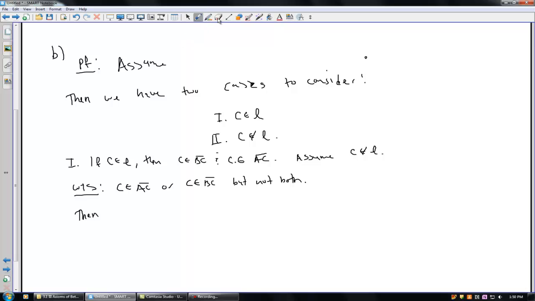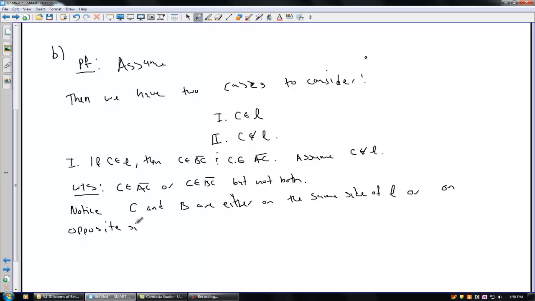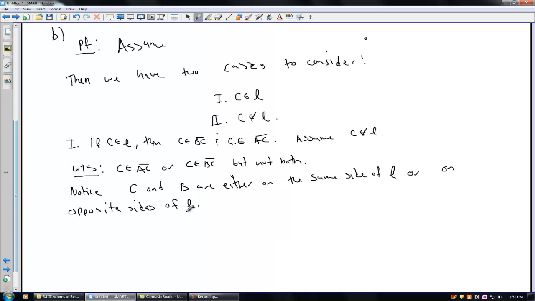So notice, C and B are either on the same side of L or on opposite sides of L. And then we'll do each case.